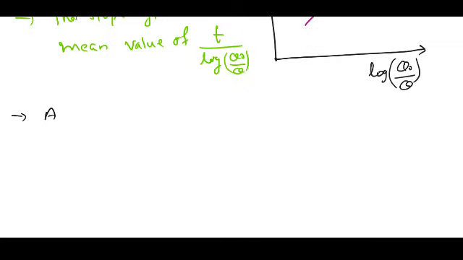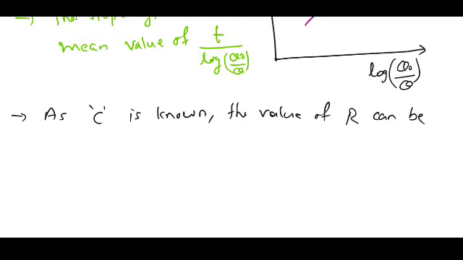As the value of the capacitance C is known, the value of R can be calculated. This is the way of measuring the value of the high resistance using the leakage method. Okay, thank you very much.